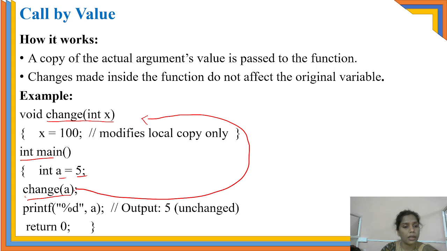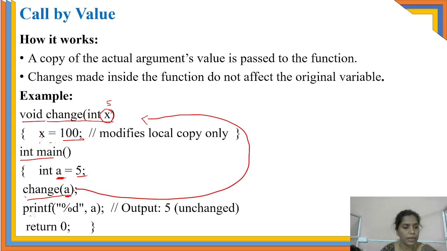Here, in place of x, we have got 5 from the main function. So they have changed x equals 100. Means they are trying to change the a value. In the void change function, they have changed the value from 5 to 100. Void means no return type, so it will not return anything.